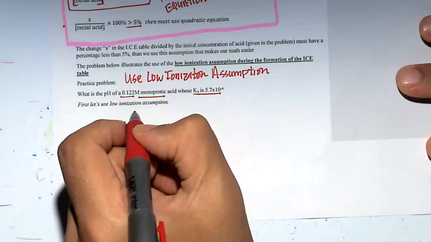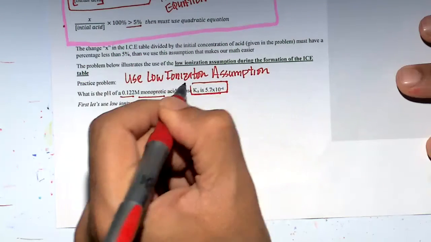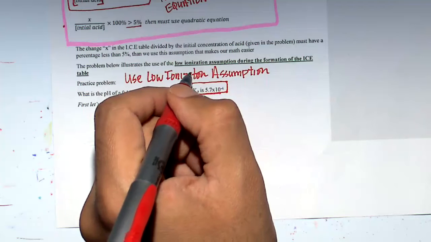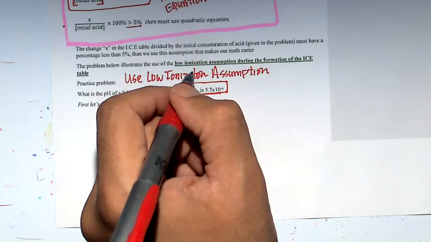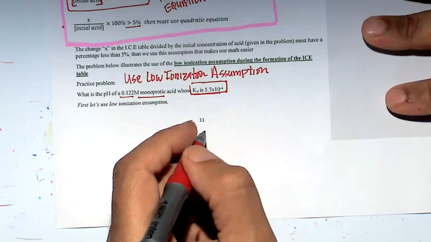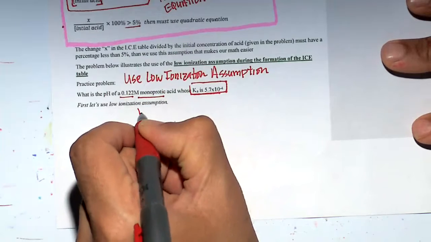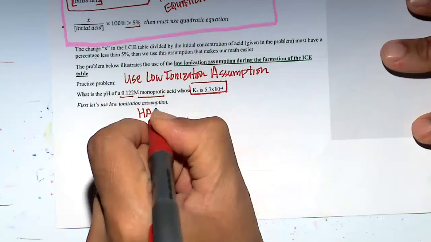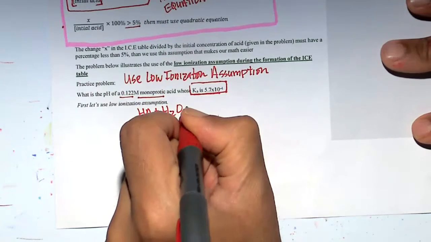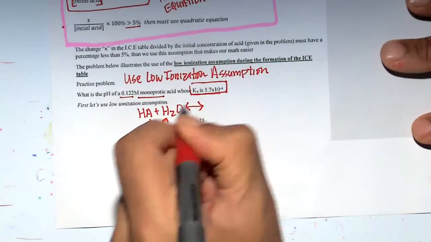The first thing we'll do is note it's a weak acid. How do I know it's a weak acid? Number 1, it's not one of our 6. Number 2, you look at the Ka value, it's pretty small, 10 to the minus 4. So let's write our equation here, HA plus H2O. This is something that you guys must know how to write for any quiz or exam.